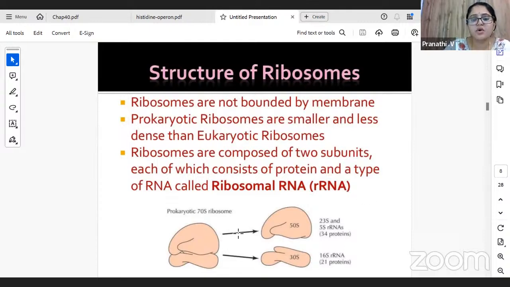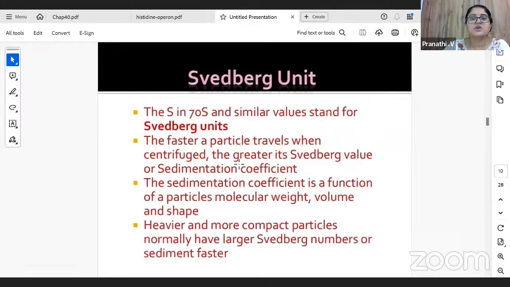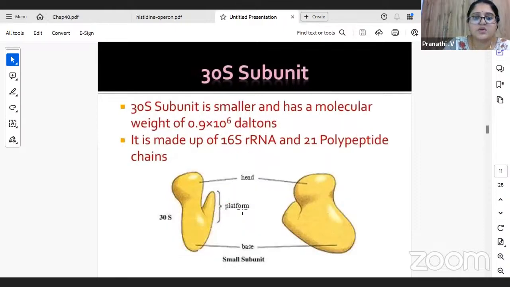And then in the smaller subunit you have 16S rRNA, consisting of 21 proteins. I have already spoken about the Svedberg units. The smaller subunit's molecular weight is around 0.9 into 10 power 6 daltons. It's made up of 16S rRNA and 21 polypeptide chains.